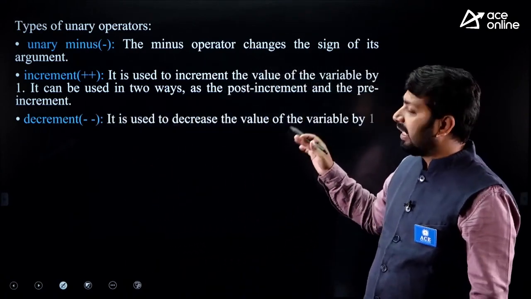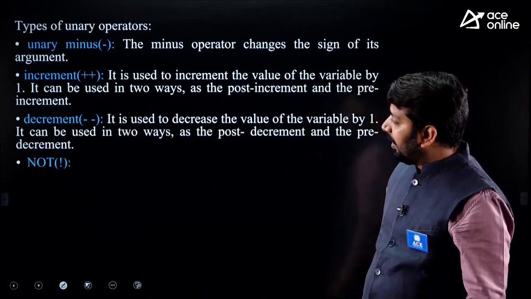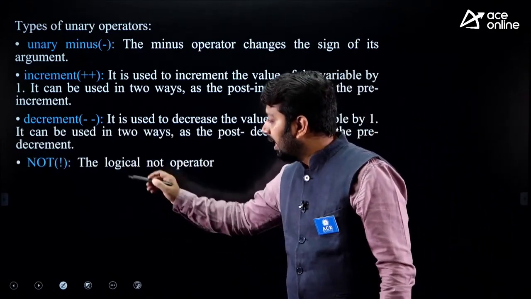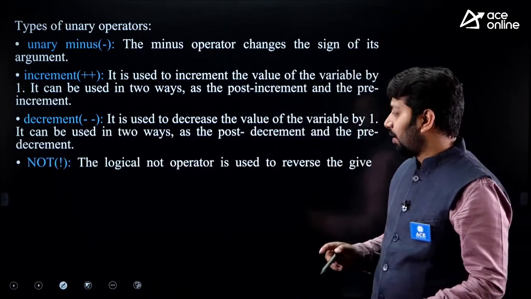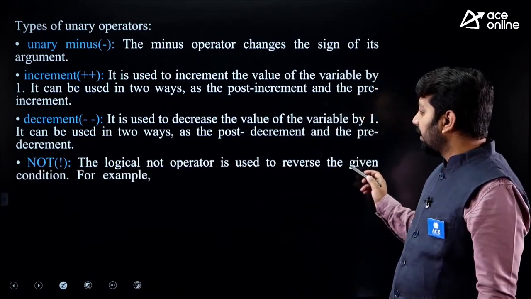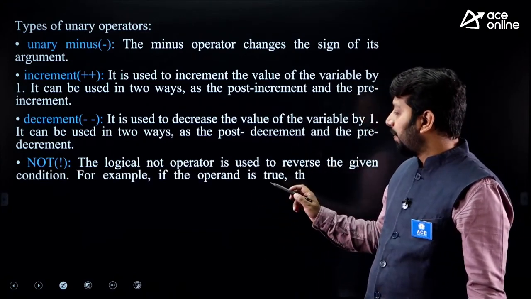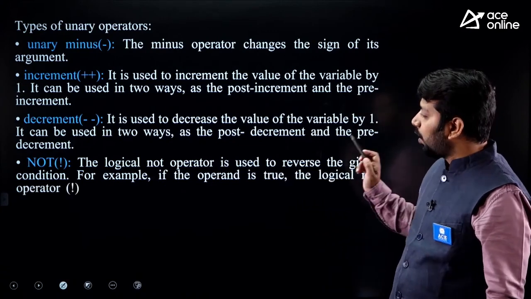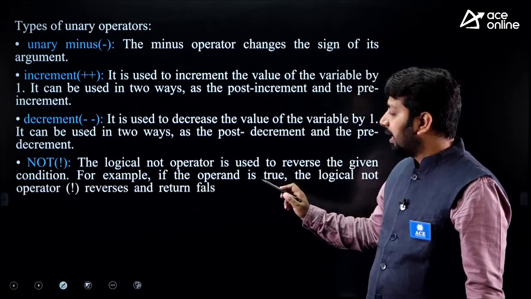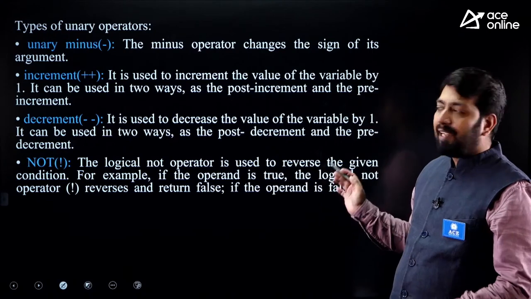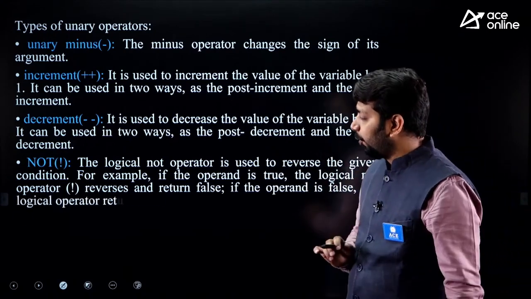In that case, it will decrement the value by 1. Next is the not operator. It is unary as well as logical not. Fine. It is used to reverse the given condition. For example, if the operand is true, the logical not operator reverses it and returns false. And if it is false, it will return true.